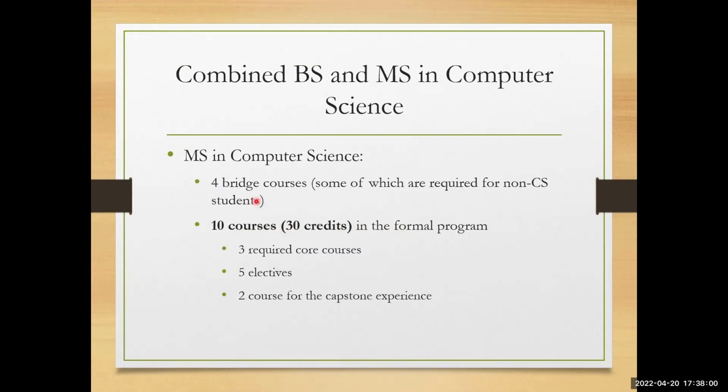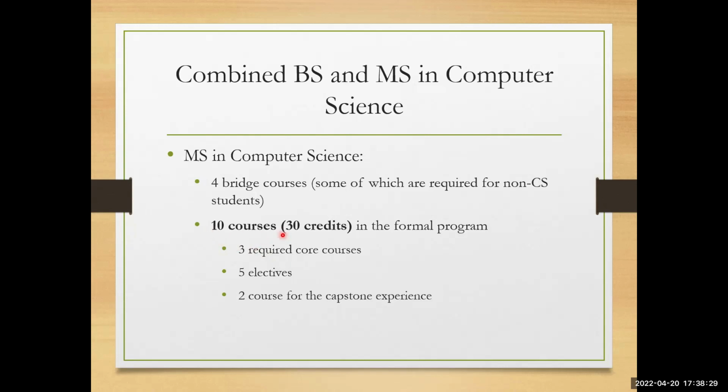We do have some bridge courses for non-CS majors, but if you already have the Bachelor of Science in Computer Science, then of course you don't need to take these bridge courses. This is not your concern. If you are in BS in Computer Science, then you only need to take another 30 credits to get to this MS in Computer Science degree.